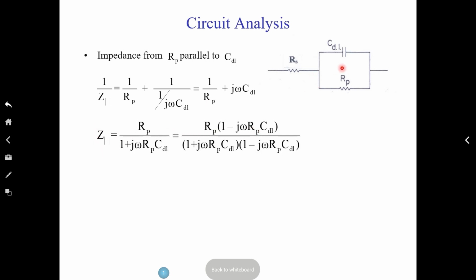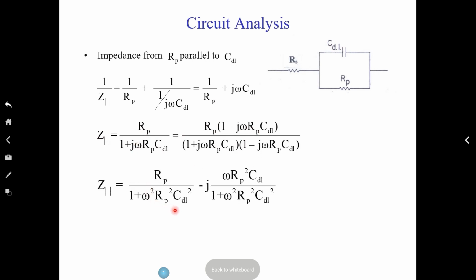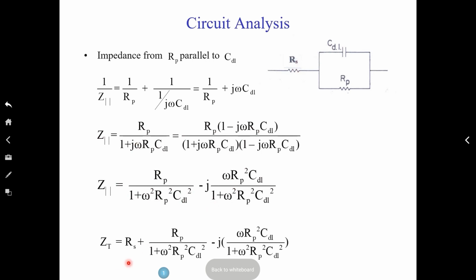So your parallel part will give you this, where you have already separated into real part and imaginary part, the way we did last time. And all you have to do is now add the series partner. So the overall will be that, and to it the electrolyte resistance in series is added.